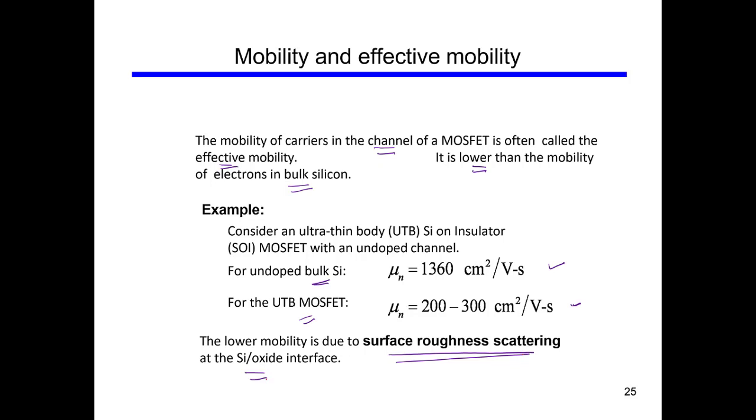The oxide layer is not smooth, it is rough, and when the electrons flow in the channel, some of the electrons are scattered around. That's why the mobility is lower than the mobility in pure bulk silicon.